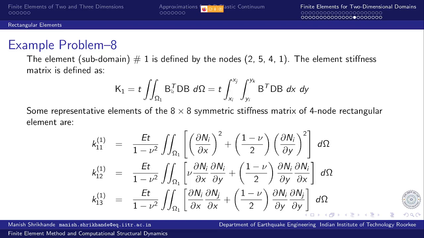the mesh, which is very well arranged, in the sense that the grid lines, the element edges, are parallel to the coordinate axes, and integrals can be evaluated very easily with straightforward variations of x and y. This product can be calculated, multiplied, and individual terms can be evaluated, and the integral is pretty straightforward.